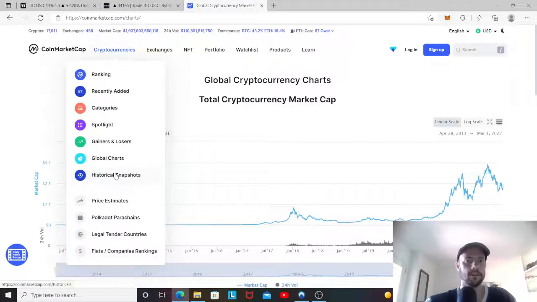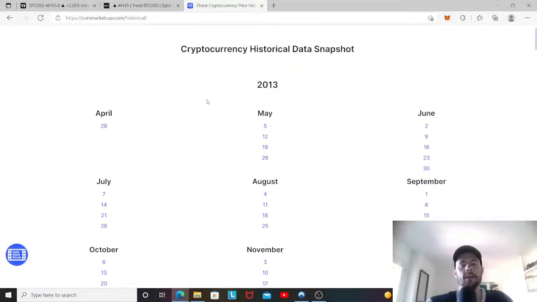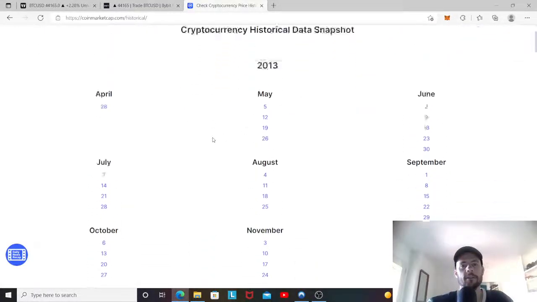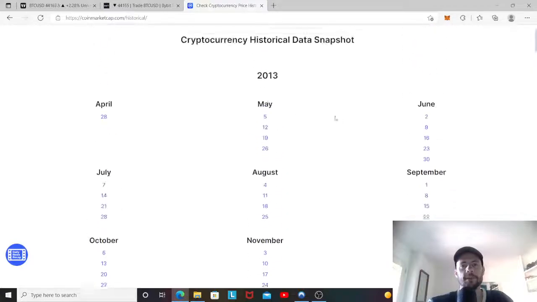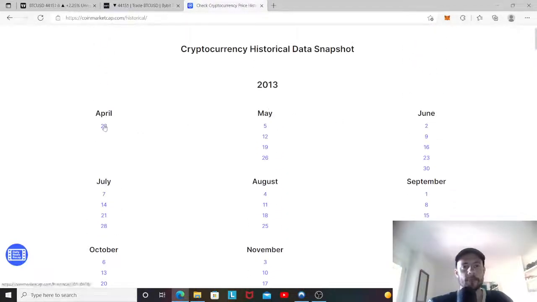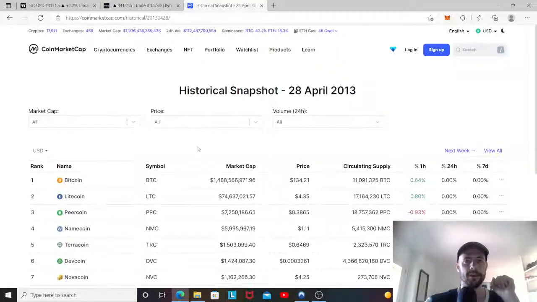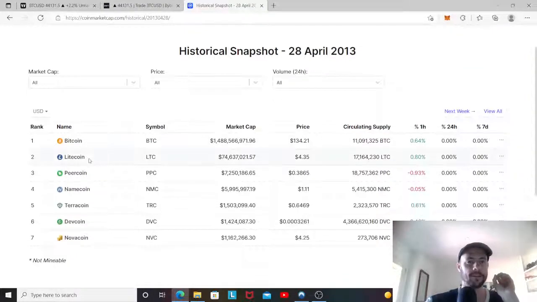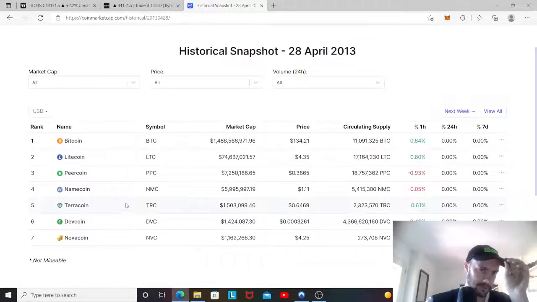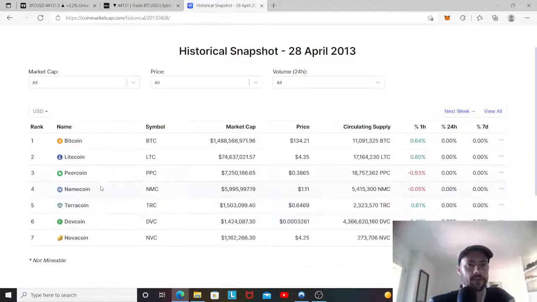Already looked at that. You can go to this one, historical snapshots, right here. And it shows you all the weeks since 2013. You can click on one, and it gives you a snapshot of what all the crypto's prices were at that time. So like April 2013, Bitcoin $134, Litecoin $4, and some other coins here.